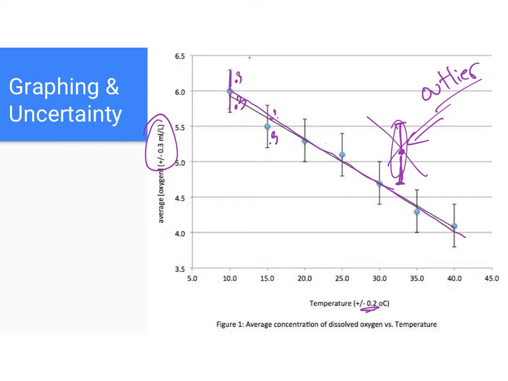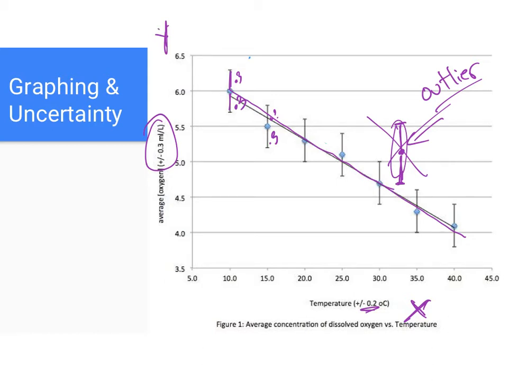Also notice uncertainties here. Just like we have a range, because ultimately this line represents a mathematical relationship between our y value and our x value. And it's this direct relationship here that we have between y and x.